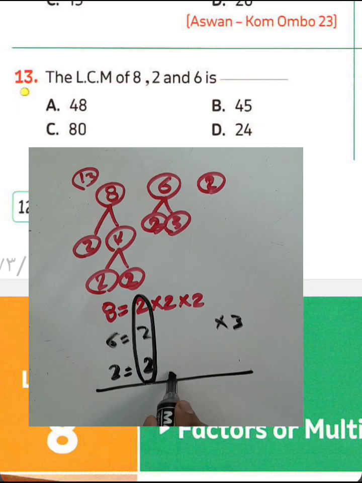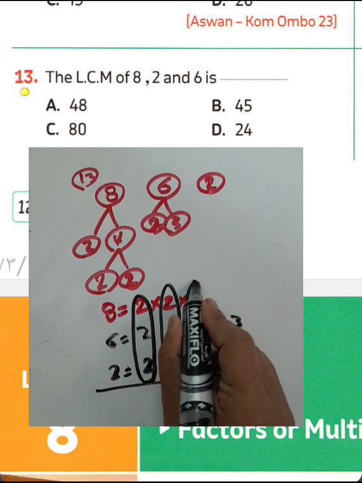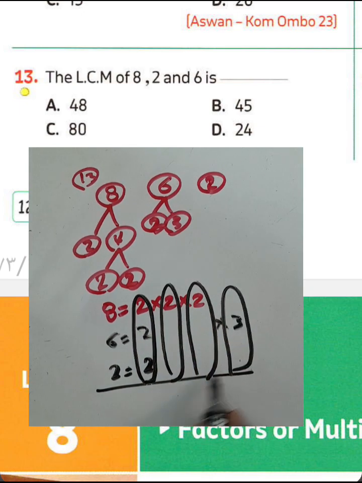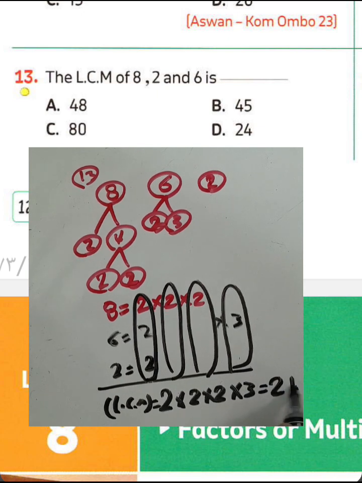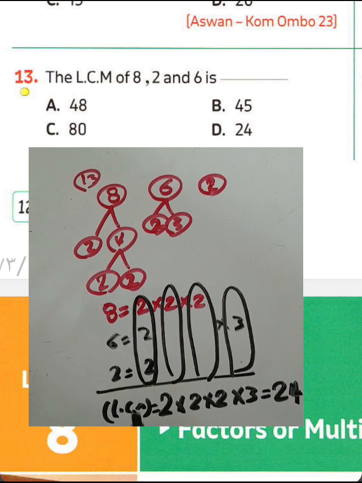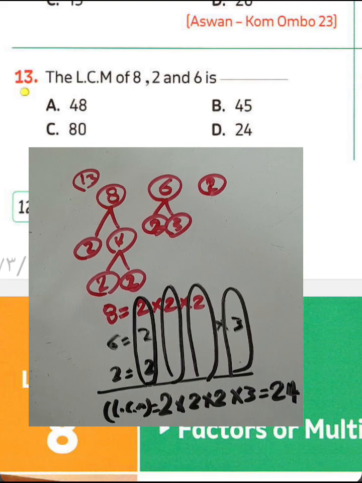And then draw curves to find the least common multiple. 2 times 2 times 2 times 3 will be 24. It's the least common multiple of the numbers.